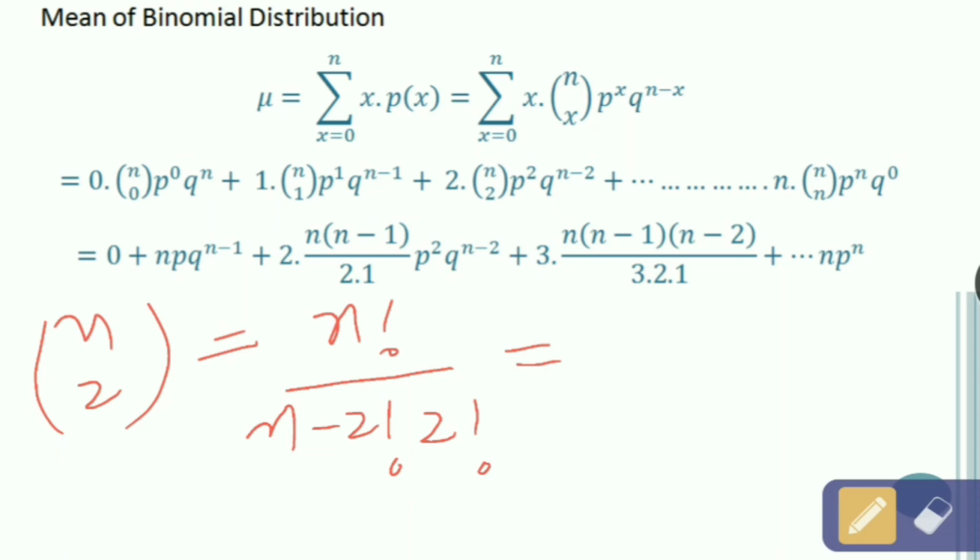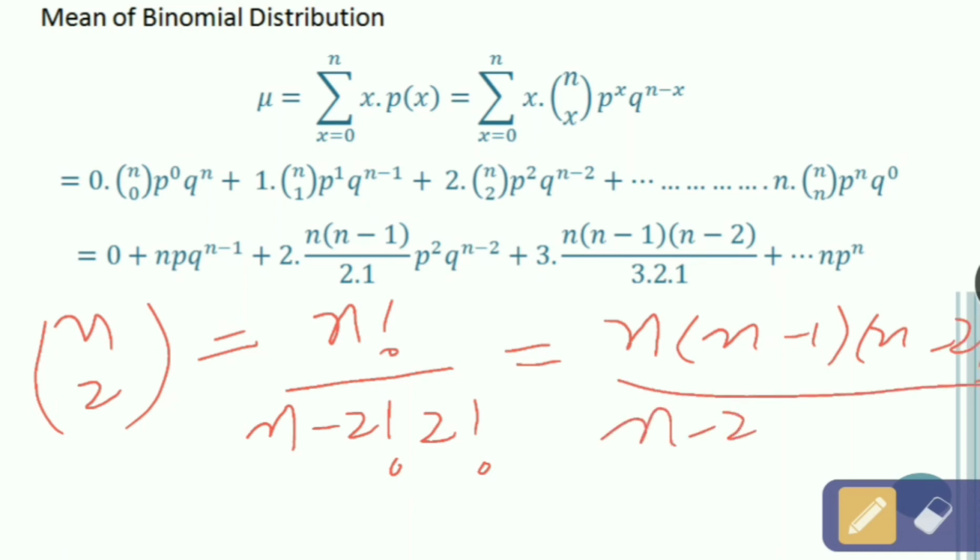So this is equal to n into n minus 1 into n minus 2 factorial upon n minus 2 factorial into 2 factorial. So this will get cancelled. We'll be left with n into n minus 1 upon 2 factorial, and 2 factorial can be written as 2 into 1.